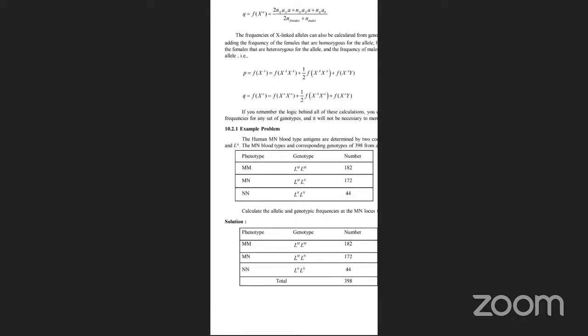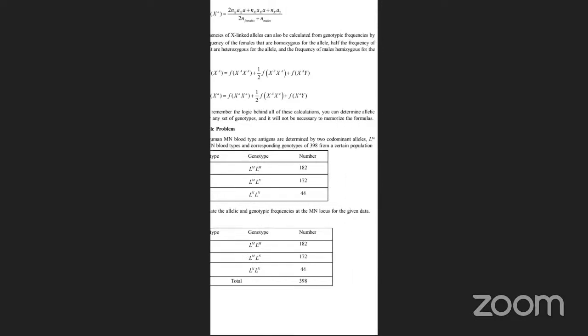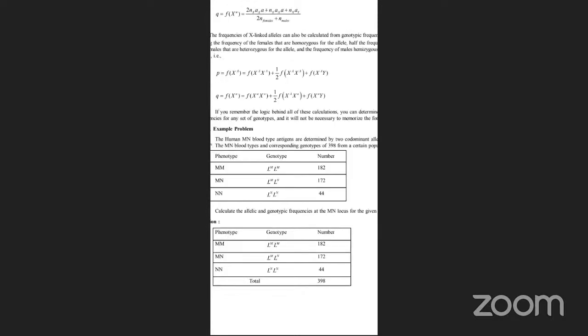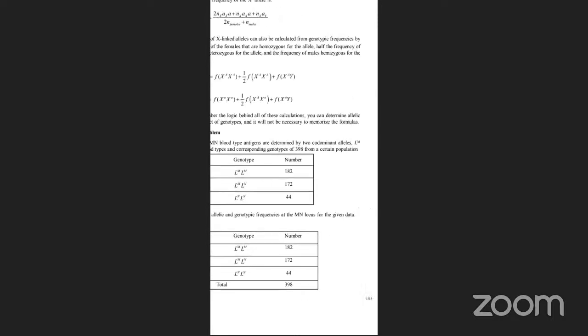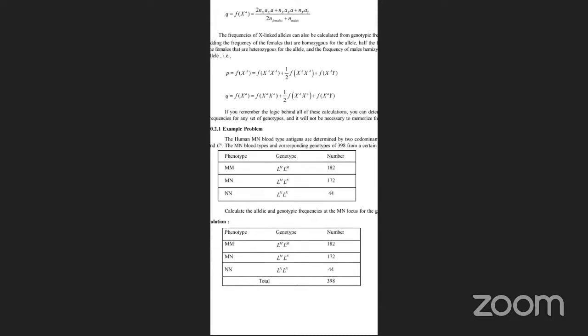So, an example problem. The human MN blood type antigens are determined by two codominant alleles, L^M and L^N, among 398 individuals from a certain population. Phenotypes MM, MN, NN; genotypes L^M L^M, L^M L^N, L^N L^N; numbers 182, 172, 144.